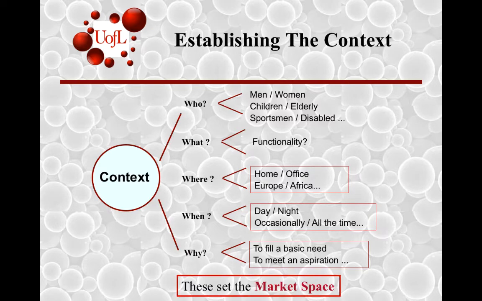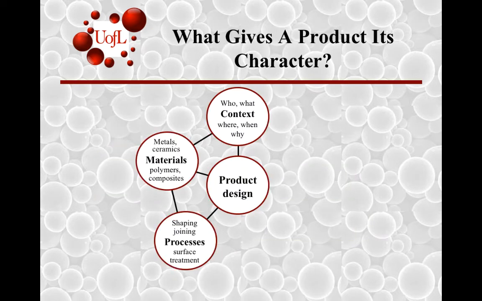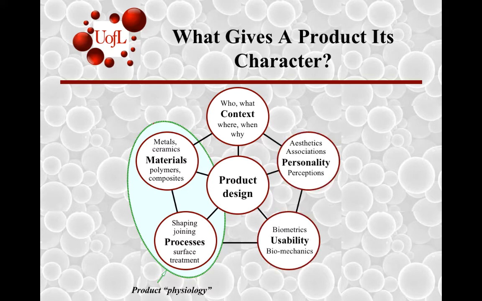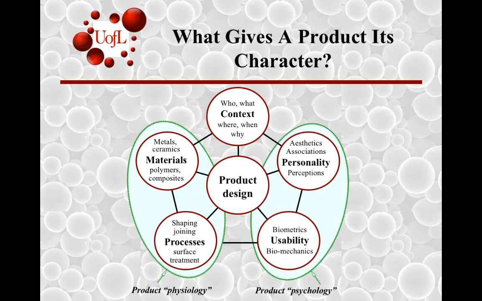Based on addressing the context, you set up the market. Once you have the market space, you look into how to make things and what to make them out of, and that's product physiology. How they can be used, what kind of personality the product projects, and what the owner projects is product psychology. We focus on the left side of the considerations in this course.